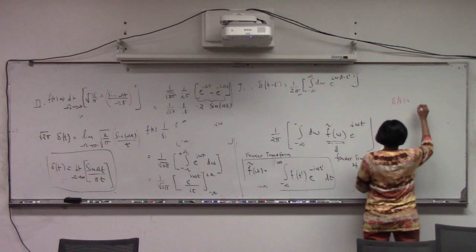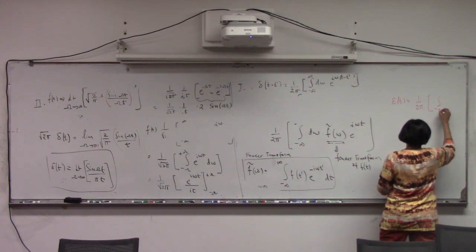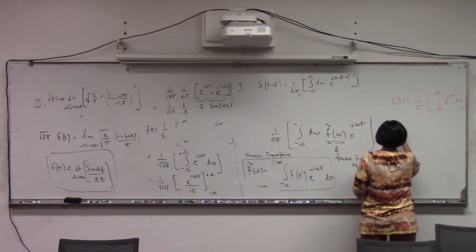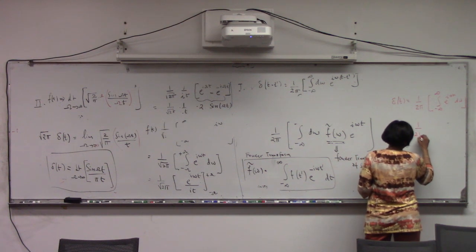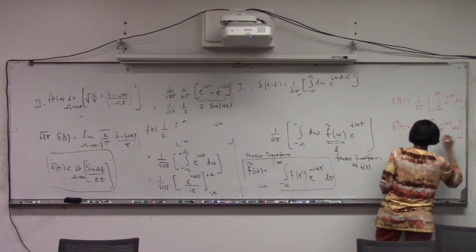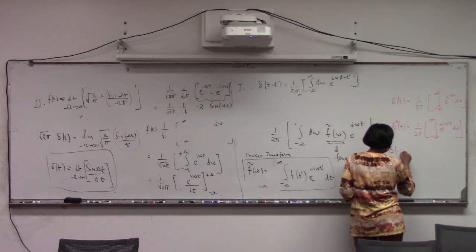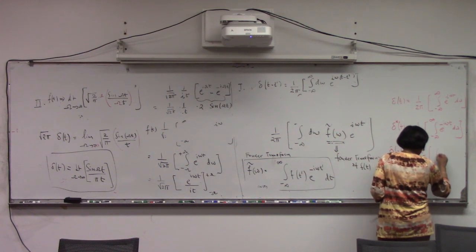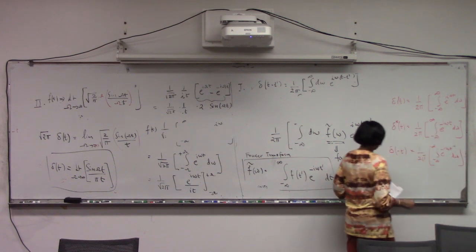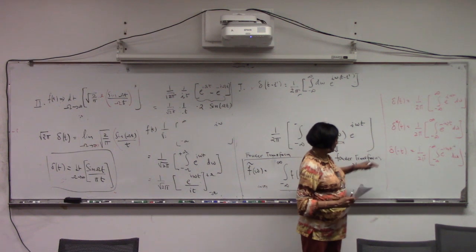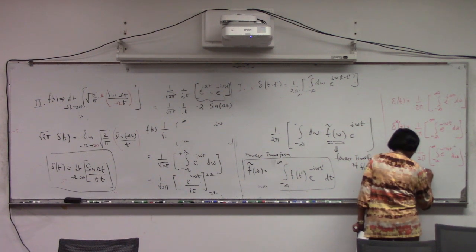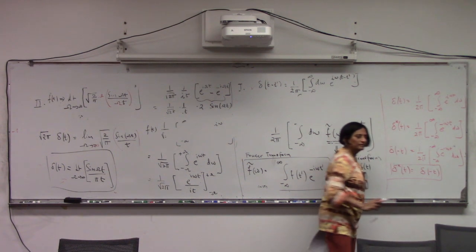So delta of t is of course nothing but 1 over 2 pi, integral from minus infinity to plus infinity of exponential of i omega t d omega. All right. The complex conjugate of that is this. And delta of minus t is also what? 1 over 2 pi, integral from minus infinity to plus infinity of exponential of i omega t d omega, where I just put minus t. So the complex conjugate of the Dirac delta function is the same as delta of minus t.